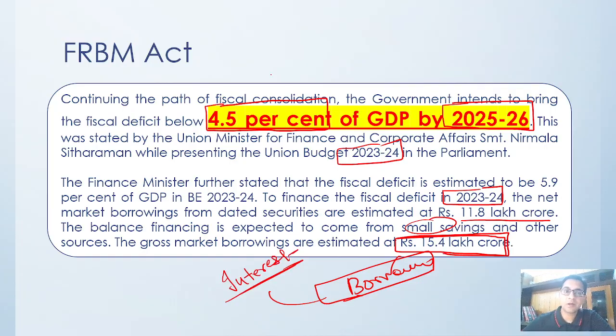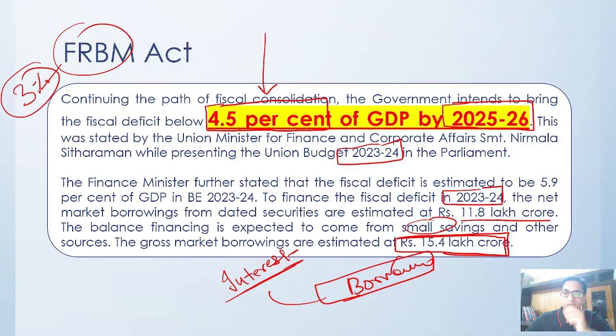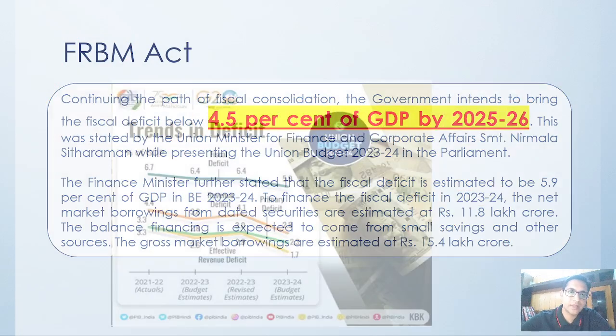Okay, the government said that by 2025-26 we will be achieving at least 4.5. As per the FRBM Act it has to be 3%, but because of these unforeseen circumstances because of COVID-19, the government said that by 25-26 they will be achieving 4.5%, which is still very far away from that, right?